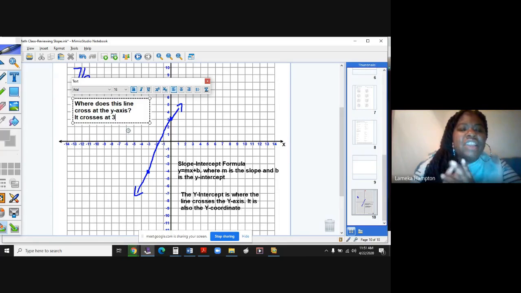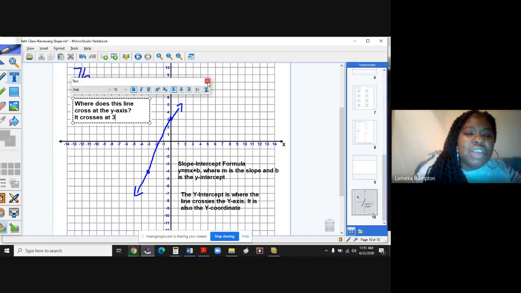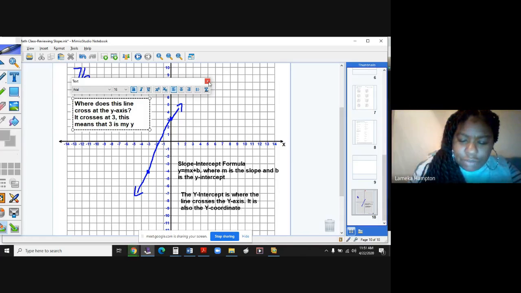It crosses at 3. And is it positive or negative 3? Positive. So because it crosses at 3, that means that 3 is my y-intercept.